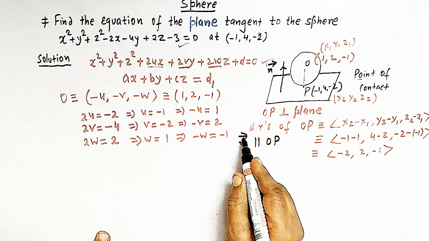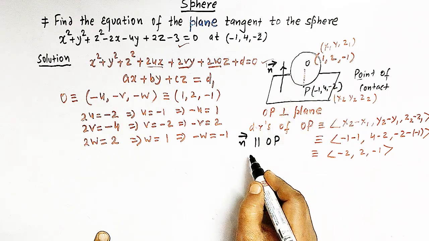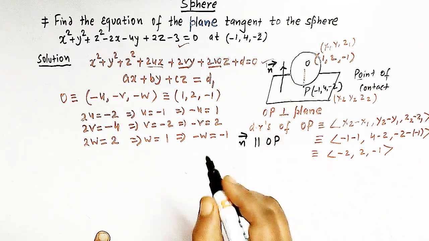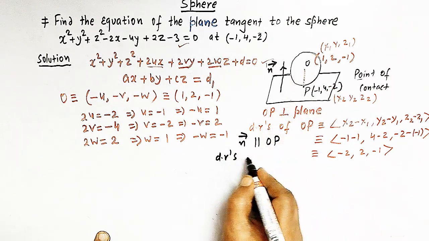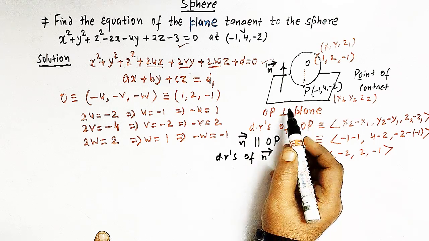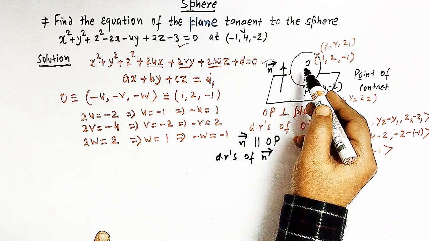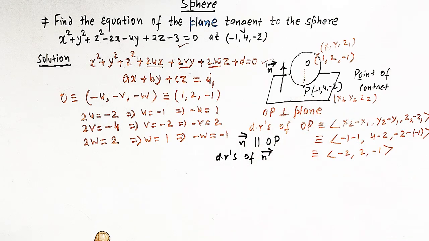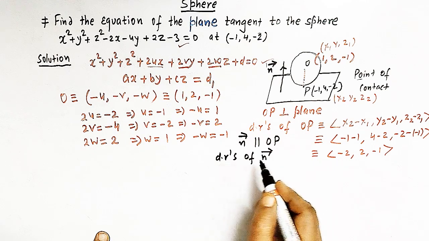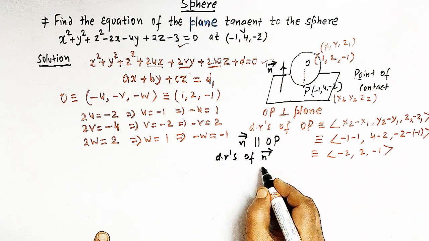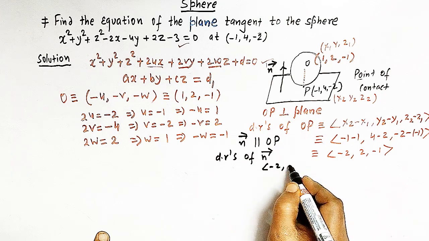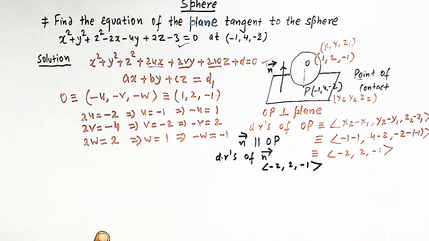So vector n is parallel to OP. So this implies that the direction ratios of the normal vector to this tangent plane are same as the direction ratios of OP, right? Because from vectors we know that if two vectors are parallel, then their direction ratios are either equal or proportional. So the direction ratios of vector n may be taken as minus 2, 2 and minus 1, right?